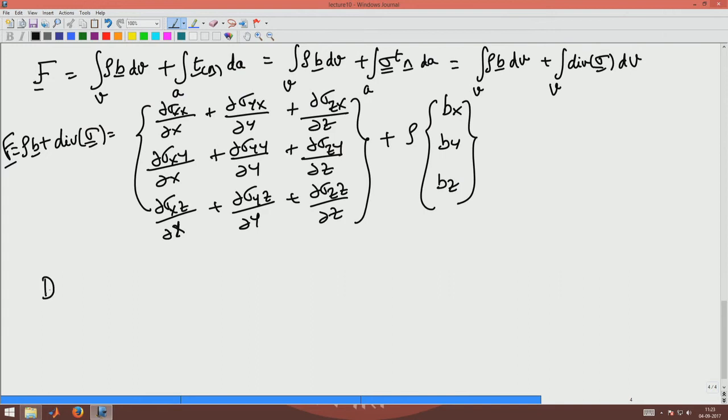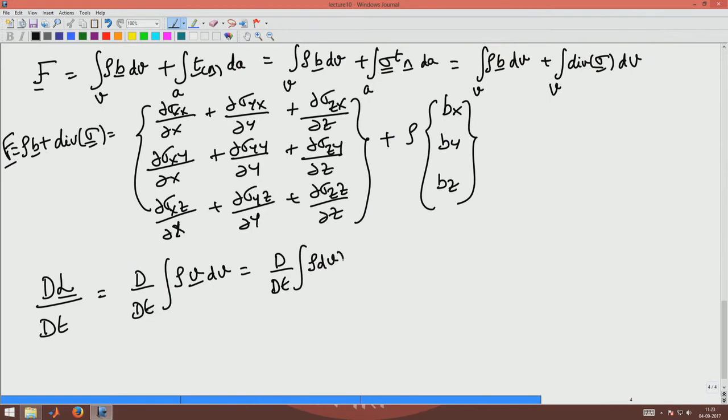We have to compute dL by dt, which is d by dt of integral of rho v dV, right. We saw that rho dV is mass, times v.